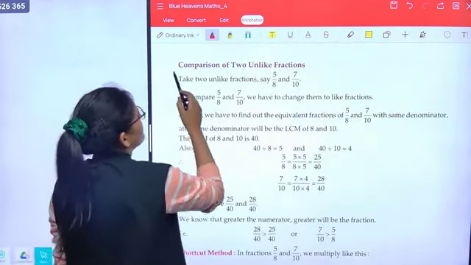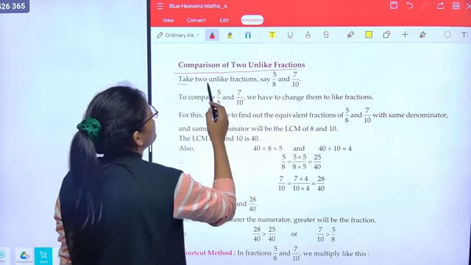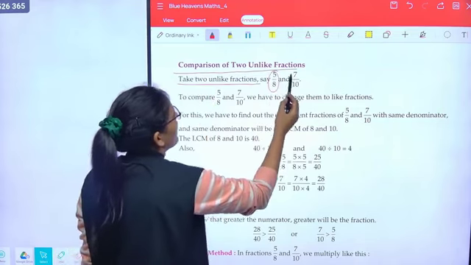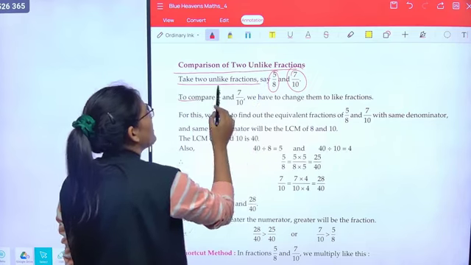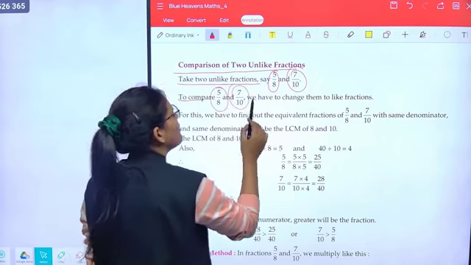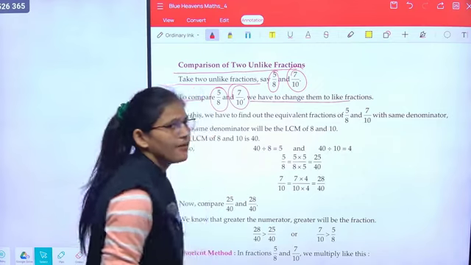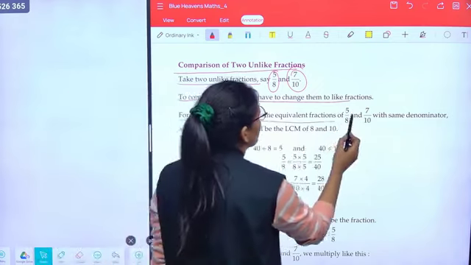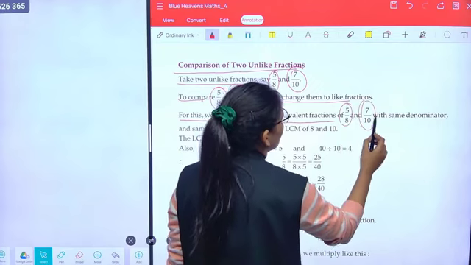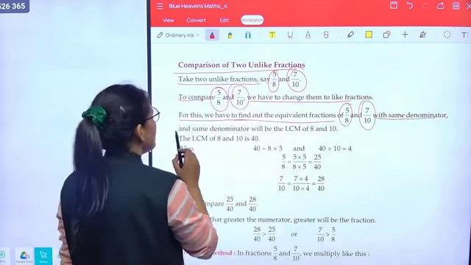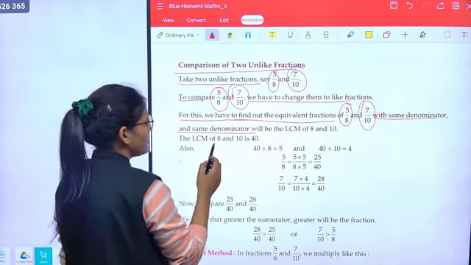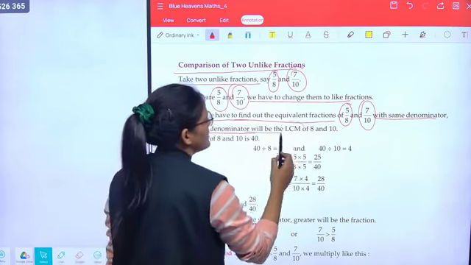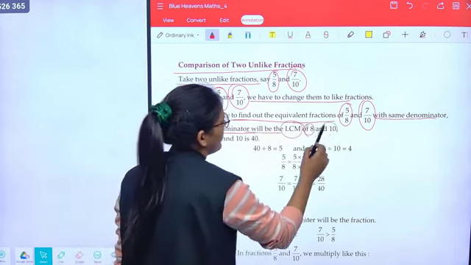Now comparison of two unlike fractions. Take two unlike fractions, say 5 upon 8 and 7 upon 10. To compare 5 upon 8 and 7 upon 10, we have to change them to like fractions. For this we have to find the equivalent fractions of 5 upon 8 and 7 upon 10 with the same denominator, and the same denominator will be the LCM of 8 and 10.